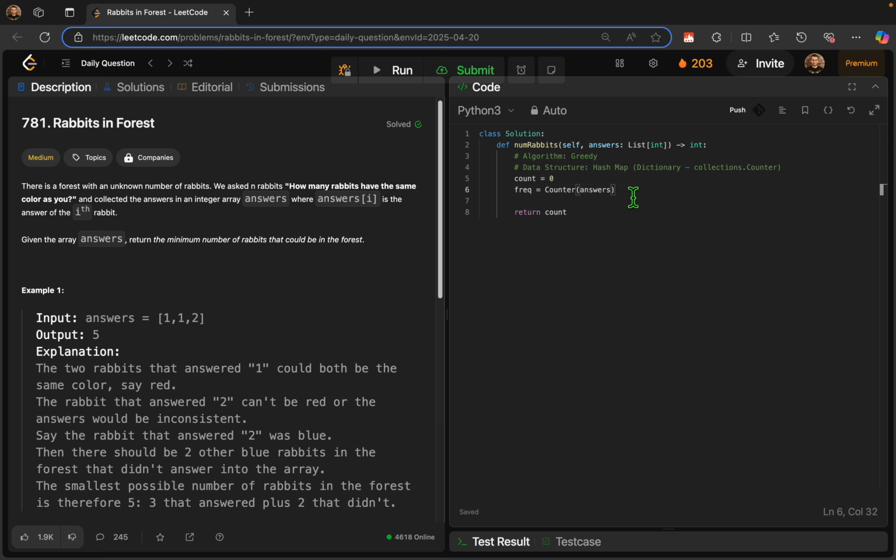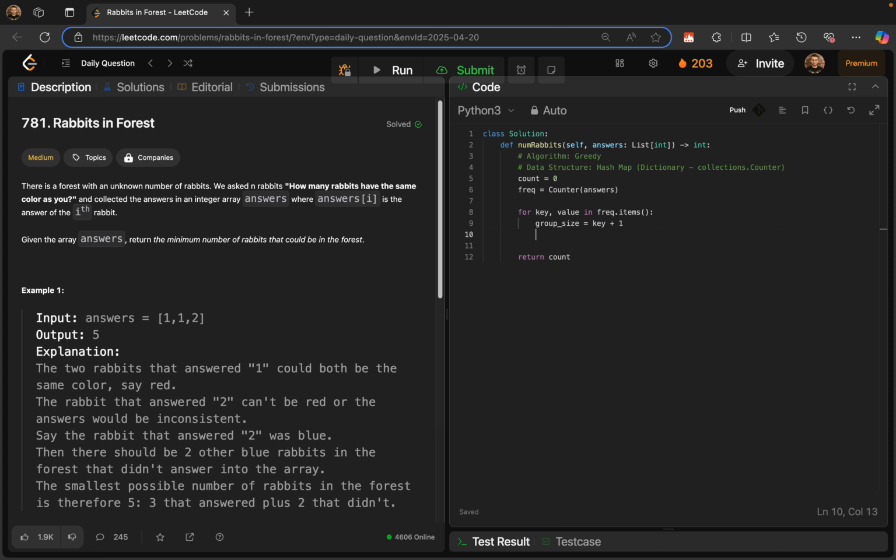Now we will look at key-value pairs in our HashMap using a for loop, for key, value in frequency items. Now that we loop through them, we will make computations. So the group size equals key incremented by 1.